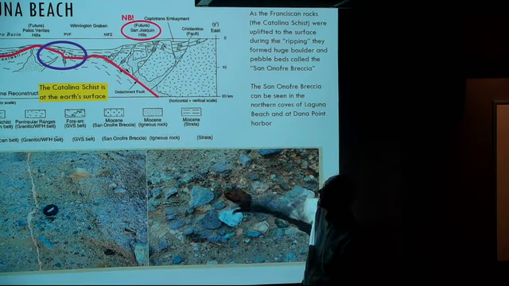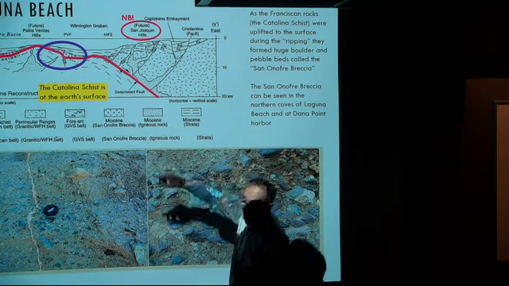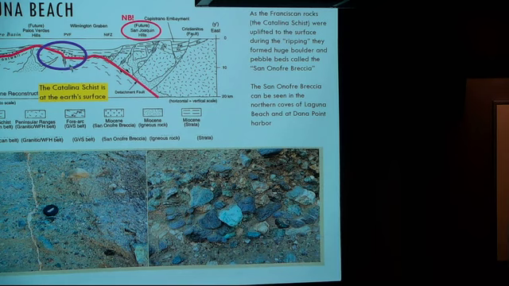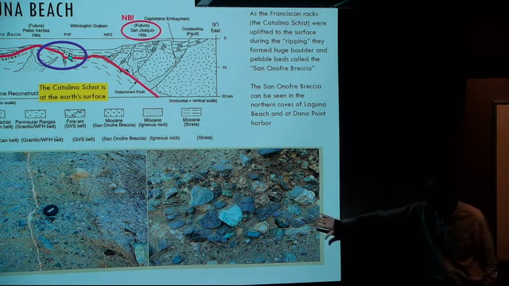And here we've got it. So in the Crouch and Suppy model, they've got the Catalina schist coming up to the surface, and these rocks here in this Miocene San Onofre breccia indicate that the Catalina schist is now eroding and forming these pebbly rocks.